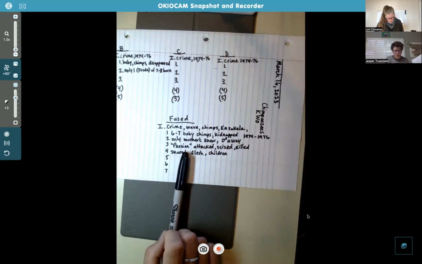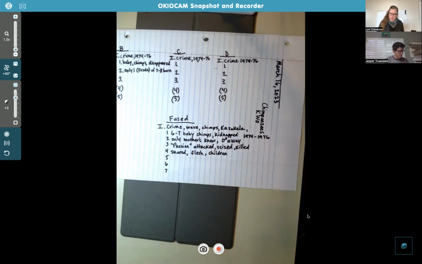That's on page 106, the back of source text C. Passion had taken a dislike to Omina, another female in the community, and Omina's first baby had mysteriously disappeared. When she was sitting with her second baby, who was 3 weeks old, Passion charged her. Screaming in fear, Omina fled. Passion attacked, seized, and killed the babies. So Passion killed the second baby, but do we know the name?